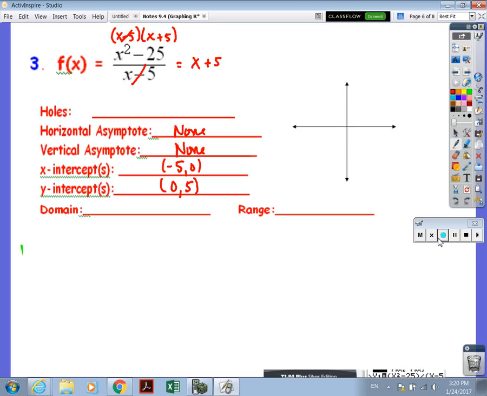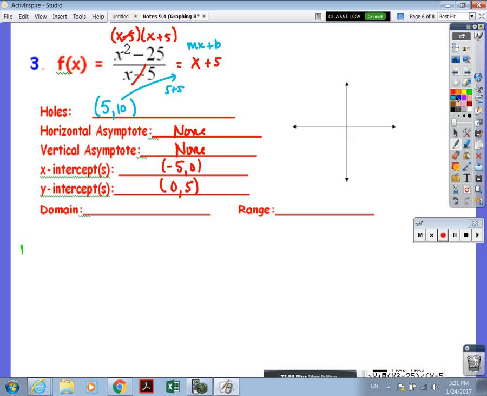On number 3, look what happens when you cancel here. Everything goes away and you end up with just a normal line like y equals mx plus b. However, because x minus 5 canceled, you have a hole. And the hole is going to be at 5, 10. So think about what we know. If it's a regular diagonal line, there's no asymptotes.